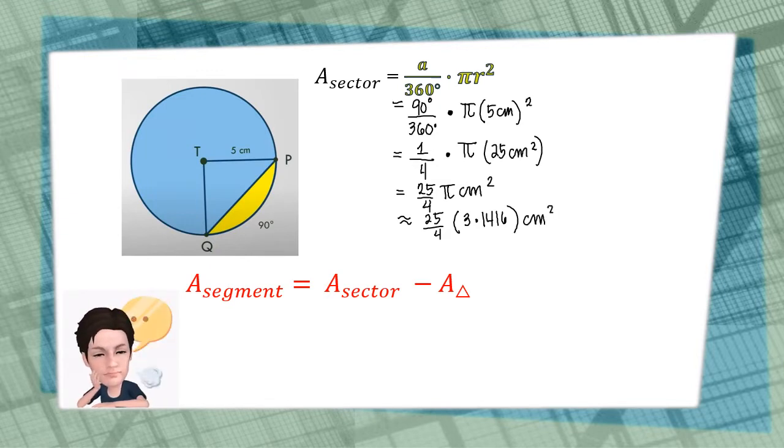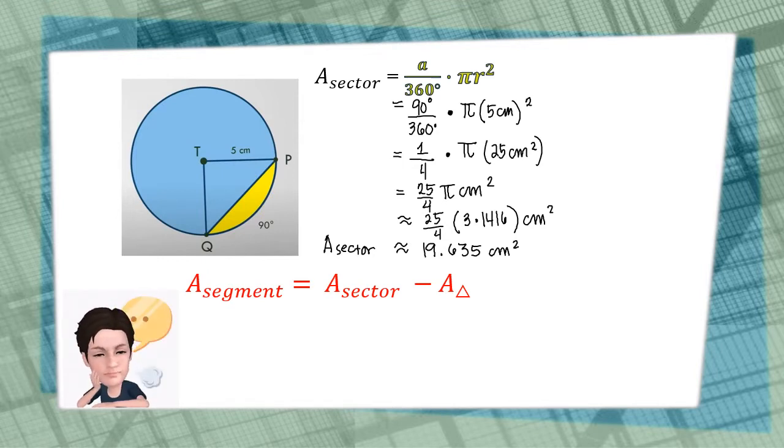Using your calculators, you divide 25 by 4 and multiply with 3.1416, and therefore, we get the area of the sector is approximately equal to 19.635. Of course, since we're talking about area, the unit of measurement must be expressed in square units. Okay, so now let us take note of this first.